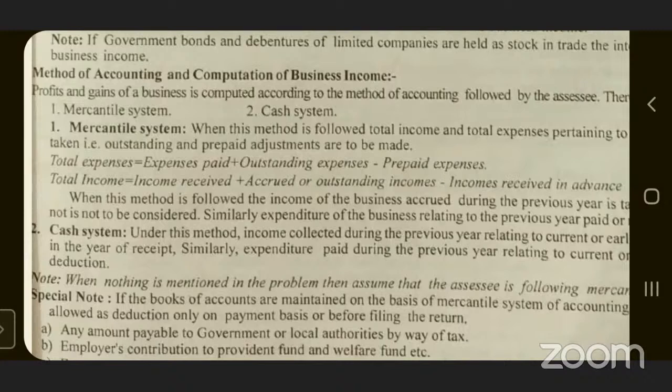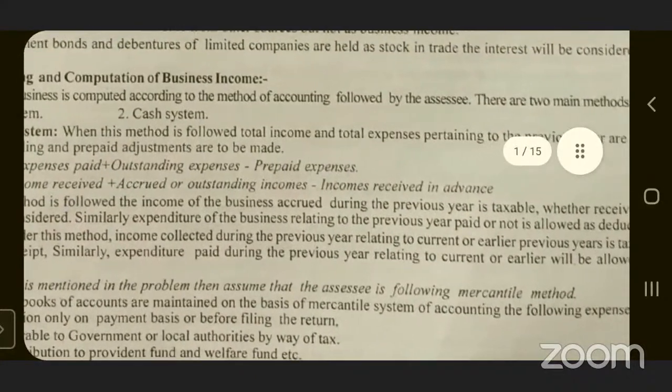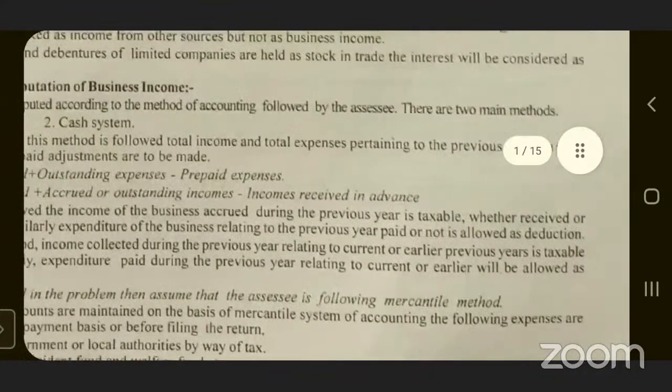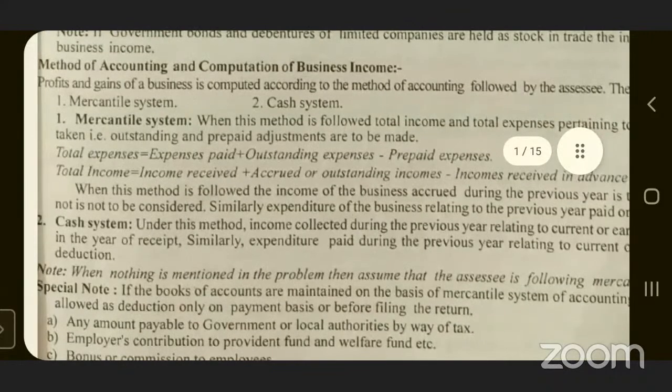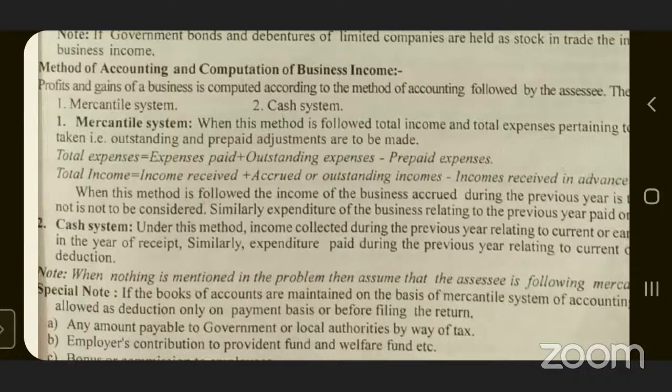Next one is the cash system. Under this system, income collected during the previous year relating to current year or earlier previous year is taxable in the year of receipt. Means we are not bothering about the amount of receipt and its source period. Just in which period we are getting it, we are considering that income to that particular period itself. We are not thinking about whether this belongs to previous year or coming year or this current year.